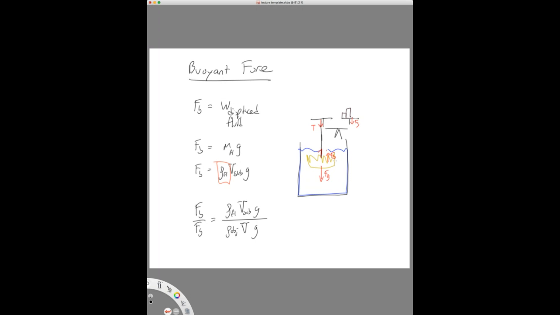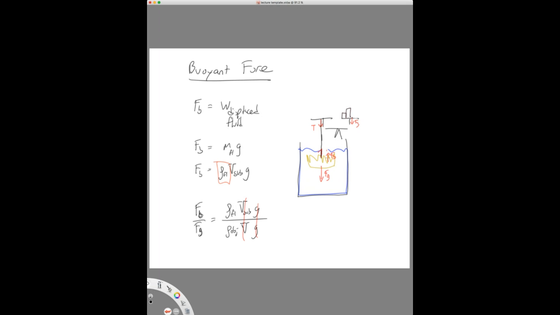But because the crown is totally submerged, the g's cancel, and the volume submerged is just the whole volume. And what we find is that the ratio of the buoyant force over the force of gravity is the same as the ratio of the densities.